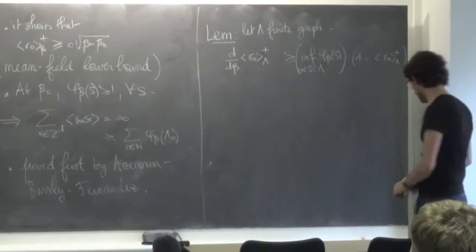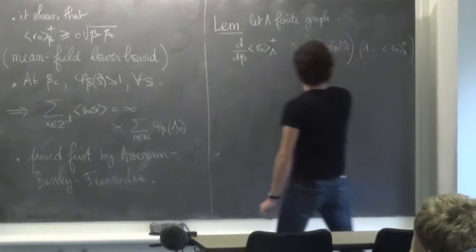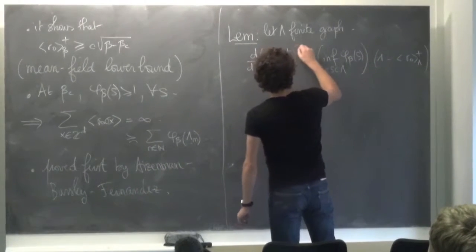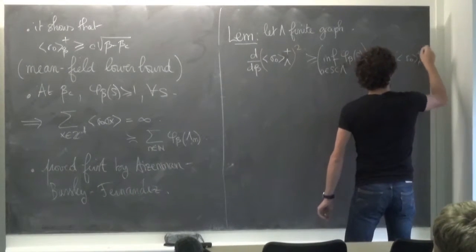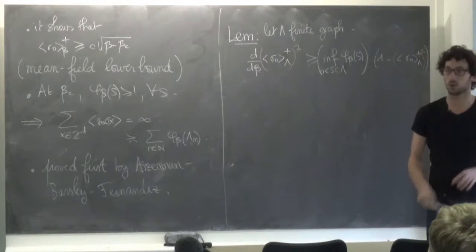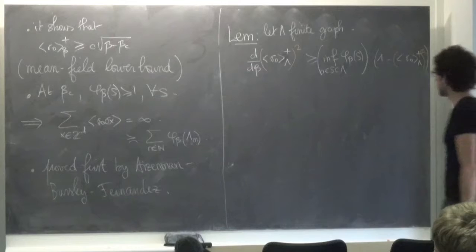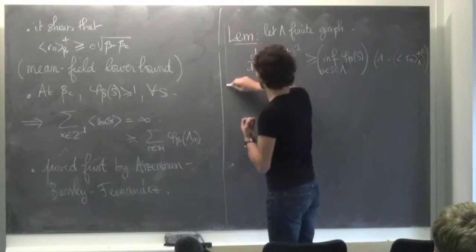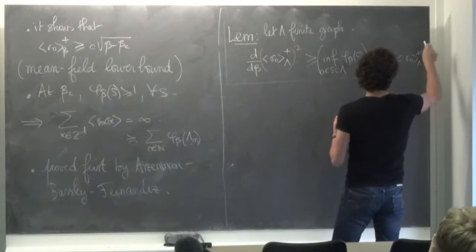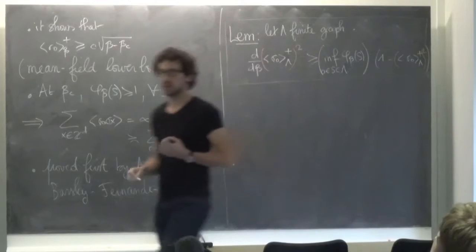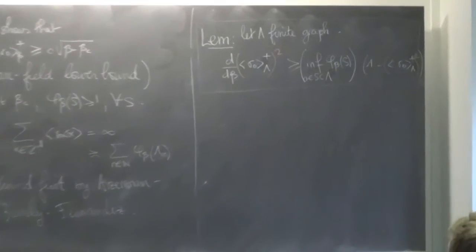Exactly the same. But here, what we are going to get is that it's the derivative of the squares, and it's expressed in terms of the squares. That's going to be what we prove. So exactly the same differential inequality, except that it's involving the squares of the thing.